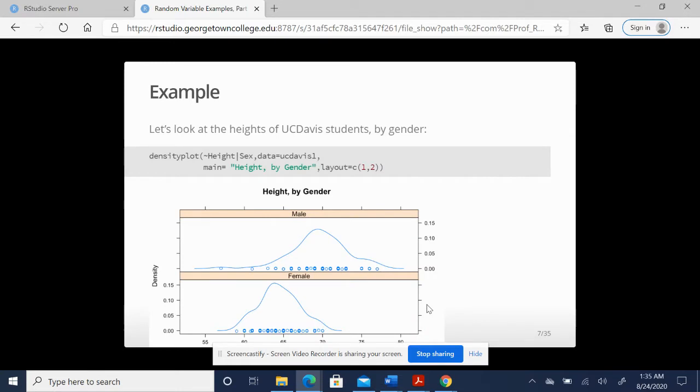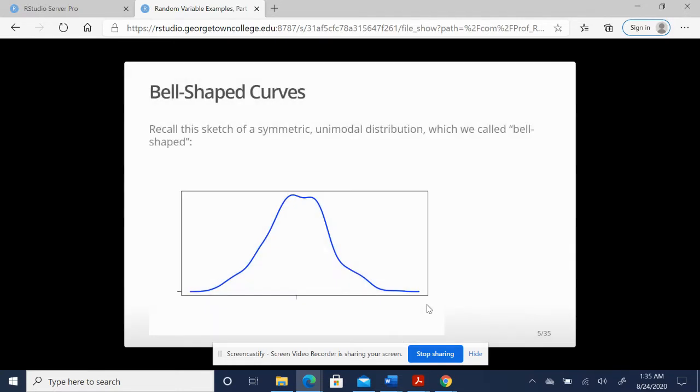Okay, so what does that mean? Let's look at this first. First of all, what are we doing here? Anytime we're using a bell-shaped curve or a bell-shaped distribution to talk about probability or percent distributions, it's important to remember that we think of all of the area underneath the curve as representing 1, or 100%, of all of the outcomes.